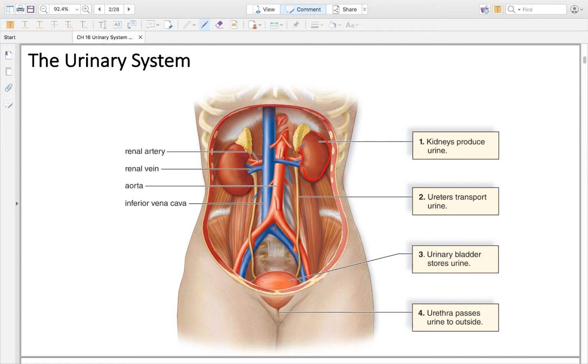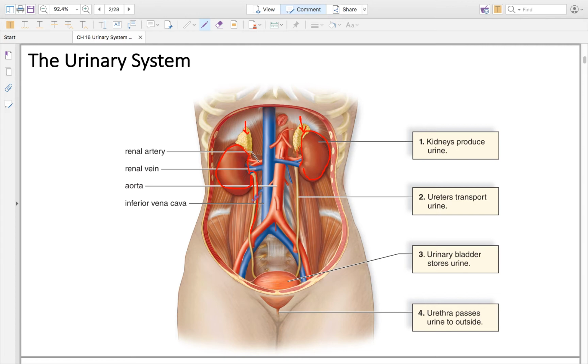And each kidney, these are what's sitting on top right here. That's an adrenal gland. That's an adrenal gland. So, okay, kidney. Each kidney is connected through a tubular structure. They're called ureters.